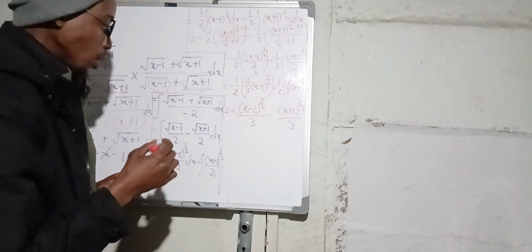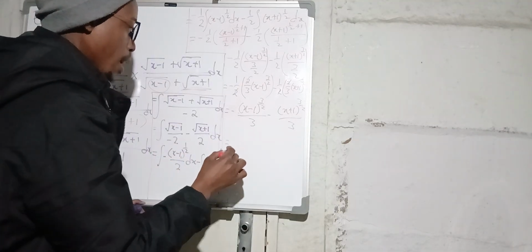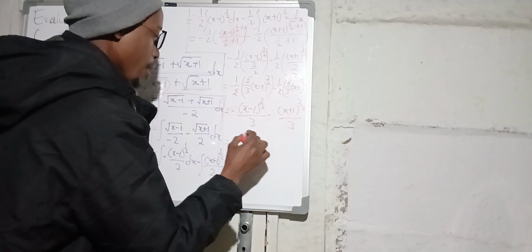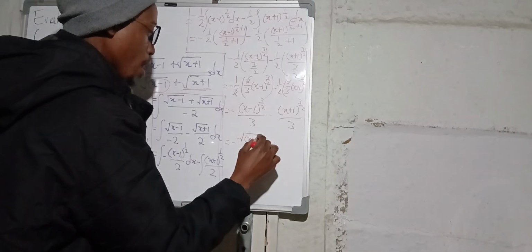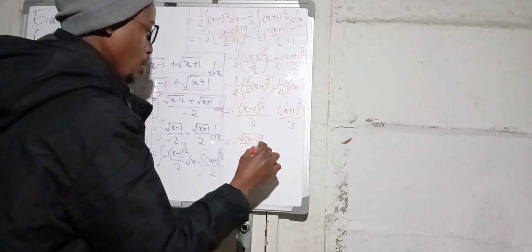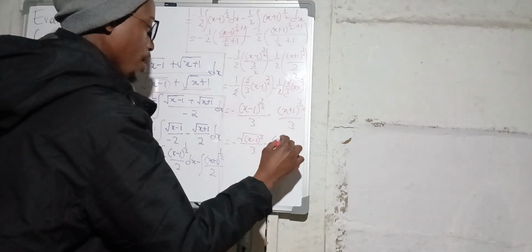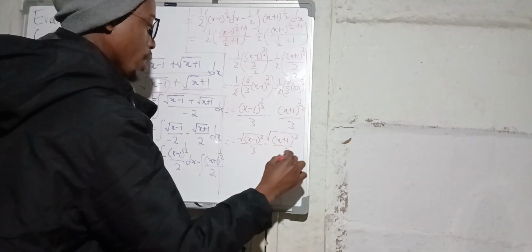Now, I'm going to write it in a very beautiful way. I'll end up having negative the square root of (x minus 1) cubed all over 3 minus the square root of (x plus 1) cubed all over 3.